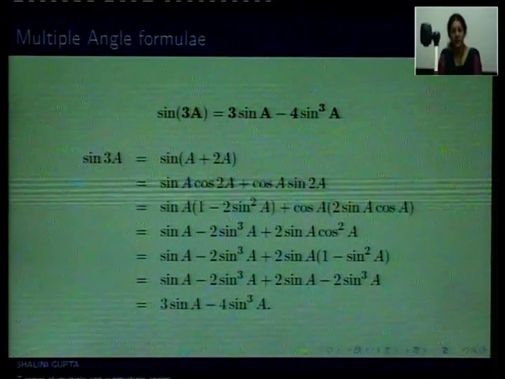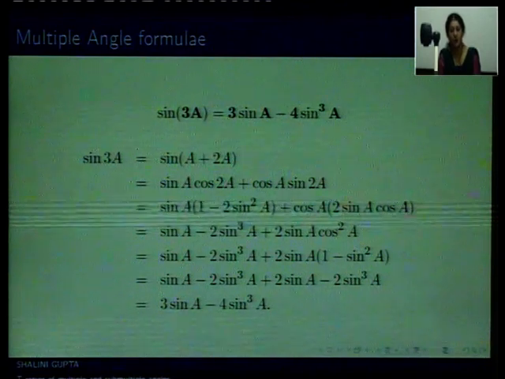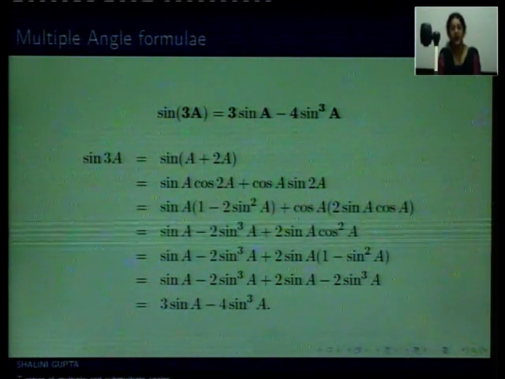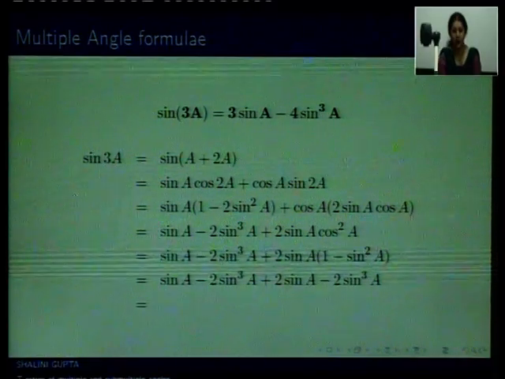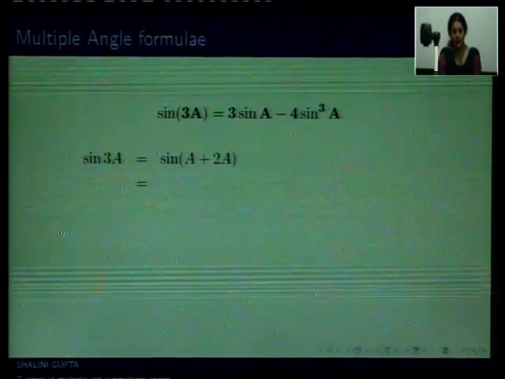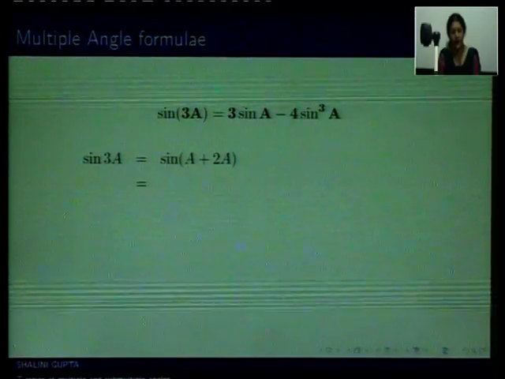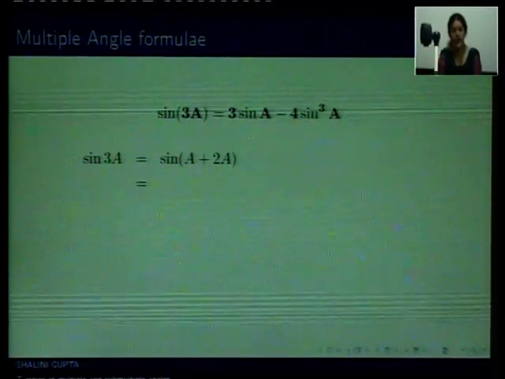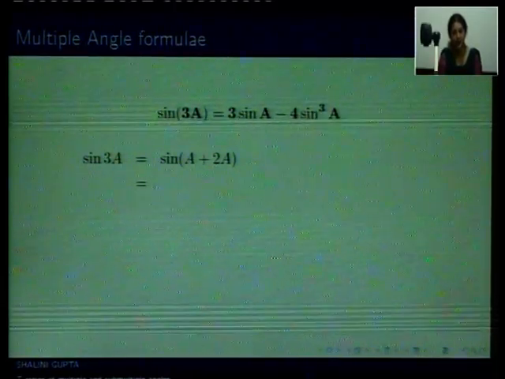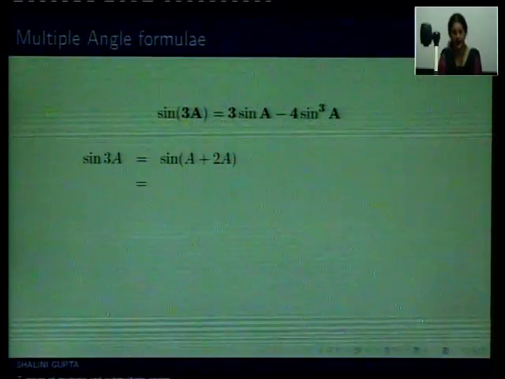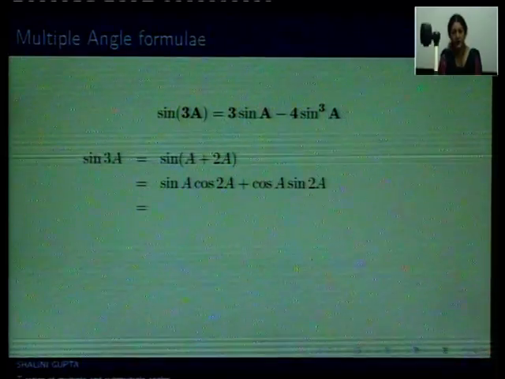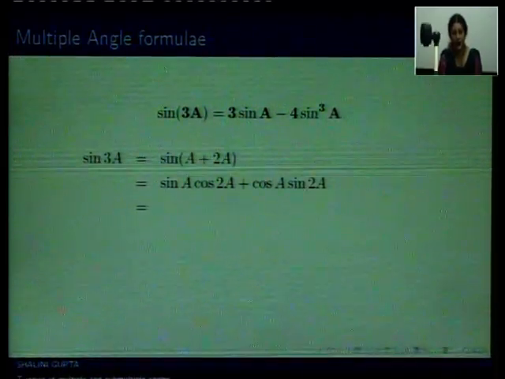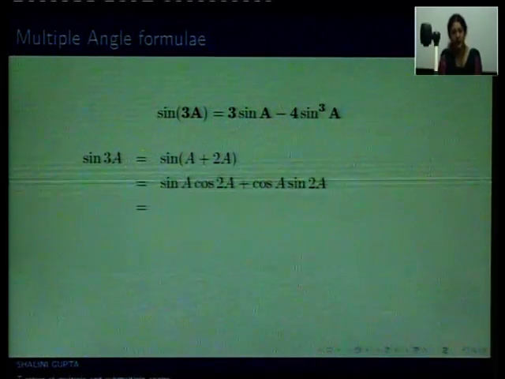So see, with the help of the expressions of cos 2a and sin 2a, we are able to find the expression for sin 3a. Let us recall it. Suppose we have to find the expression for sin 3a. I write 3a as a plus 2a. Now applying the addition formula, this is equal to sin a cos 2a plus cos a sin 2a.